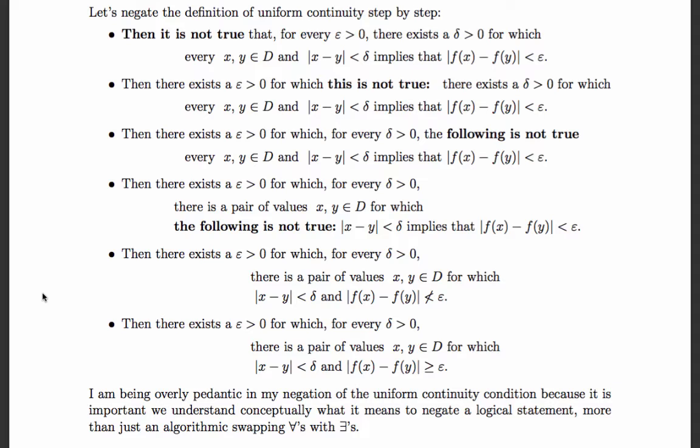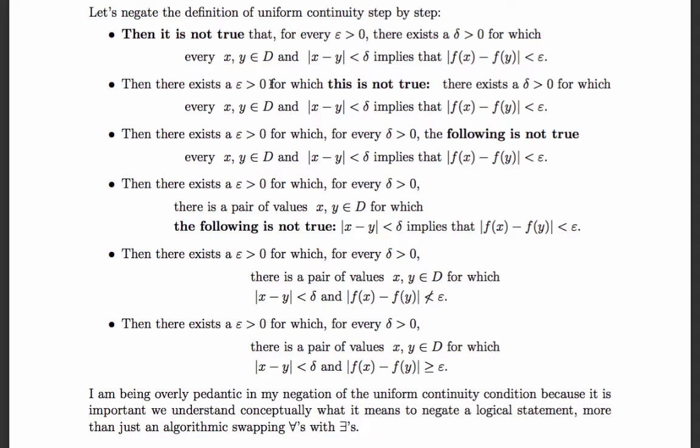Now, if it's not true for every epsilon, that means there exists an epsilon for which the remaining part of the definition is not true. In other words, there exists an epsilon greater than 0 for which this is not true. That there exists a delta greater than 0 for which every x and y in D within delta of each other implies f of x and f of y are within epsilon of each other.